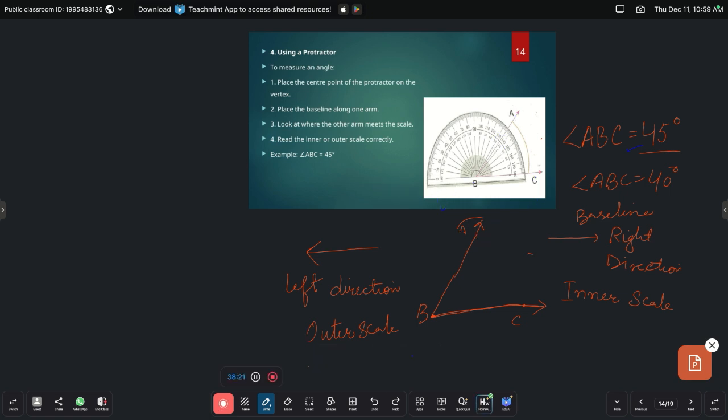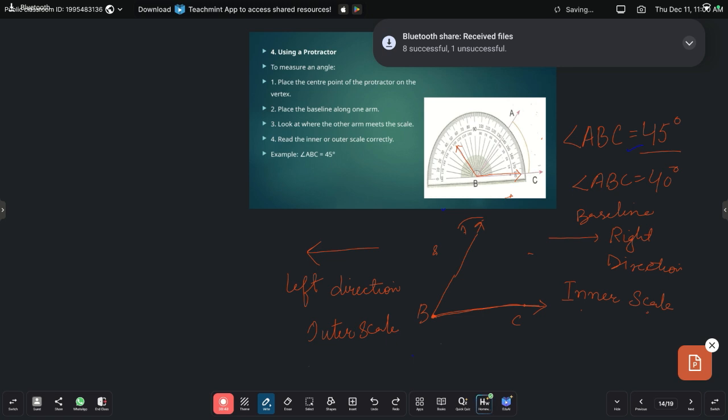Now, dear students, see, if I will make an angle here like this, what is the measurement of the angle here? You can see this ray, you have to use the inner reading. Why? Because I have told you, if the baseline is in the right direction, you have to use the inner scale.